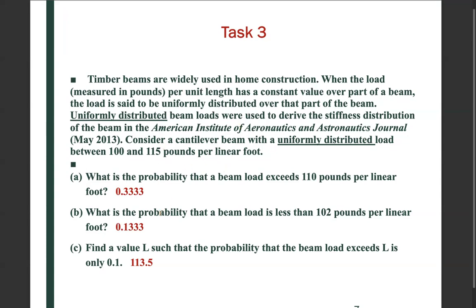Okay, and then we have these prompts. The main thing to get from here is we have a uniformly distributed random variable, and the load on the beam is between 100 and 115 pounds per linear foot. So here our A for our uniform distribution is 100 and our B is 115.